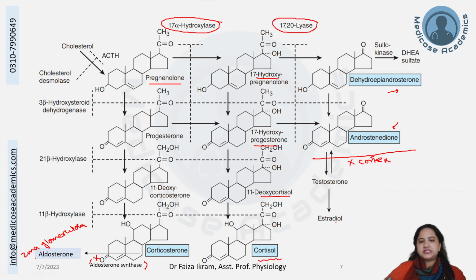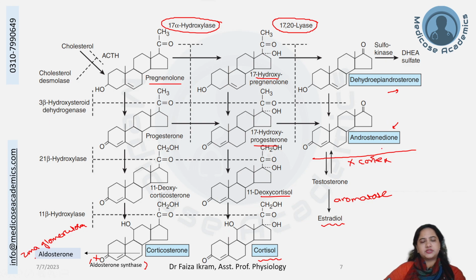Also, this testosterone can be converted in the peripheral tissues, for example, in adipose tissue, with the help of an enzyme, aromatase enzyme, to estradiol. So, the androgens produced by the adrenal cortex are the only source of androgens among females. These are responsible for pubic and axillary hair growth among females, whereas among males, this is a secondary source of androgens.